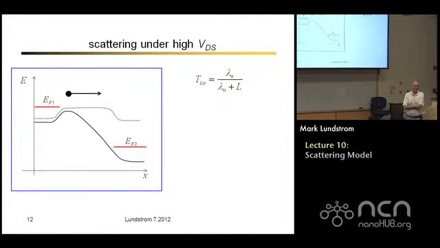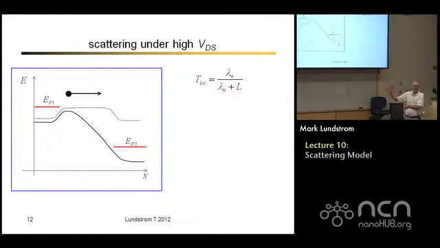They scatter a lot. Their mean free path is really small. You know, when I take the mobility, I'm talking about electrons that have an average energy of kT in 2 dimensions. You know, that's really small, 0.026 eV. If I apply a volt to the drain, the electrons have about an electron volt of kinetic energy when they get to the drain. They have a lot of energy. They scatter a lot.